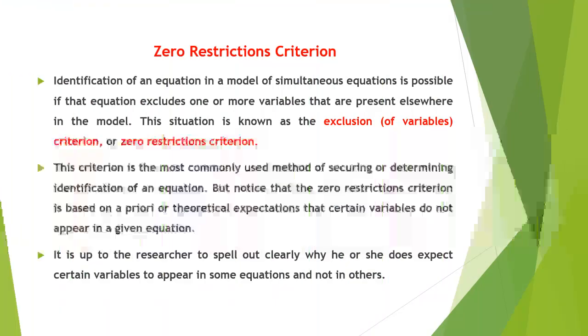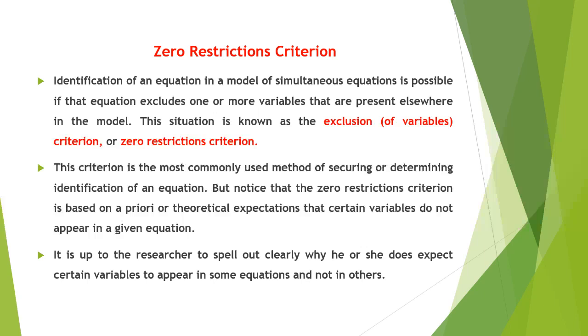Identification of an equation in a model of simultaneous equations is possible if that equation excludes one or more variables that are present elsewhere in the model. This situation is known as the exclusion criteria, exclusion of variables criteria, or zero restrictions criteria. This is called zero restriction criteria because the coefficients of the variables not appearing in an equation are assumed to have zero values.